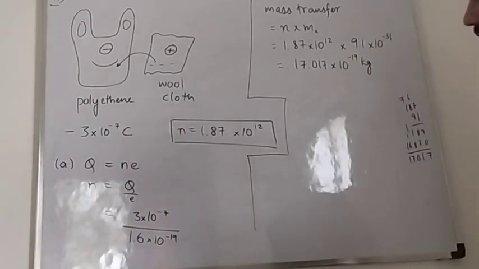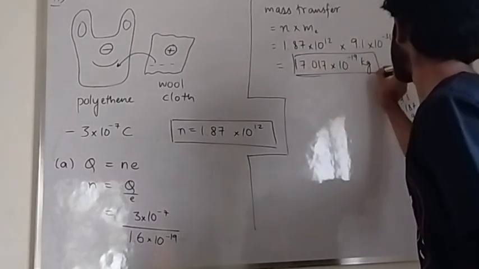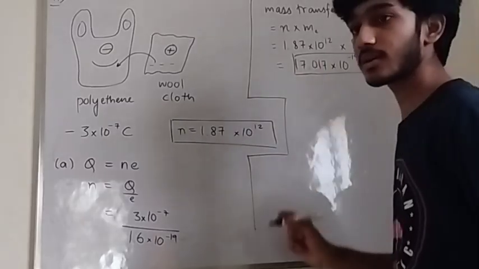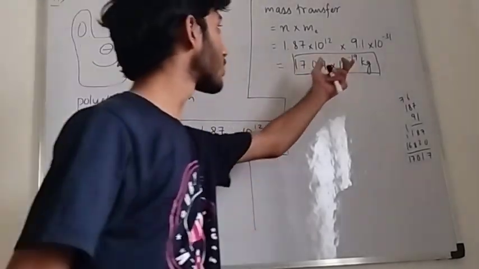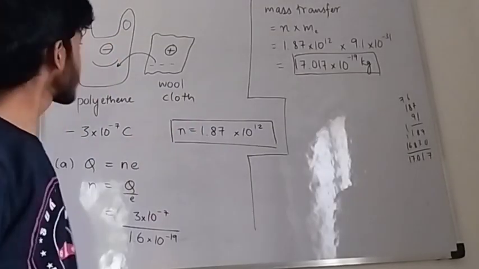If your answer is in gram, you can convert it further. This is the final answer, 17.017. I'm very sorry for any calculation errors. We'll just check the answer here quickly from the textbook. Yeah, so they have taken a little bit more of this value here. And that's it for the 11th question.